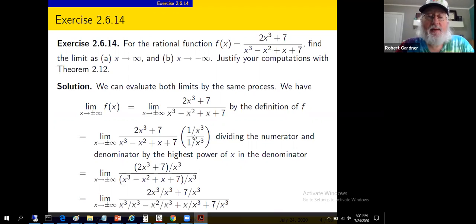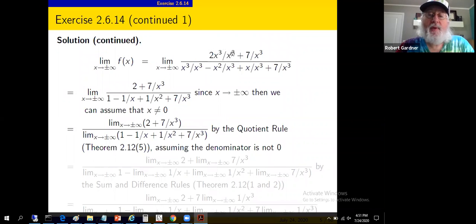Let's see, we'll do the multiplication here and some distribution. All right, so I'll copy this on the next slide. Okay. So we've distributed. Can we cancel? Can I cancel those x cubes? Tried to get you ready for this. Yeah, as long as x isn't 0. x is approaching plus or minus infinity. We can assume it isn't 0. We can assume it isn't 7. We can assume it isn't 7 gajillion.